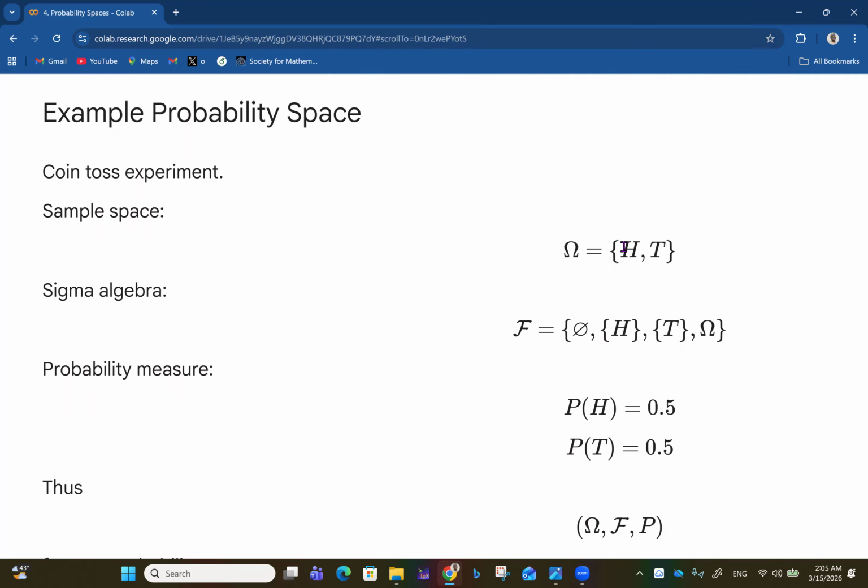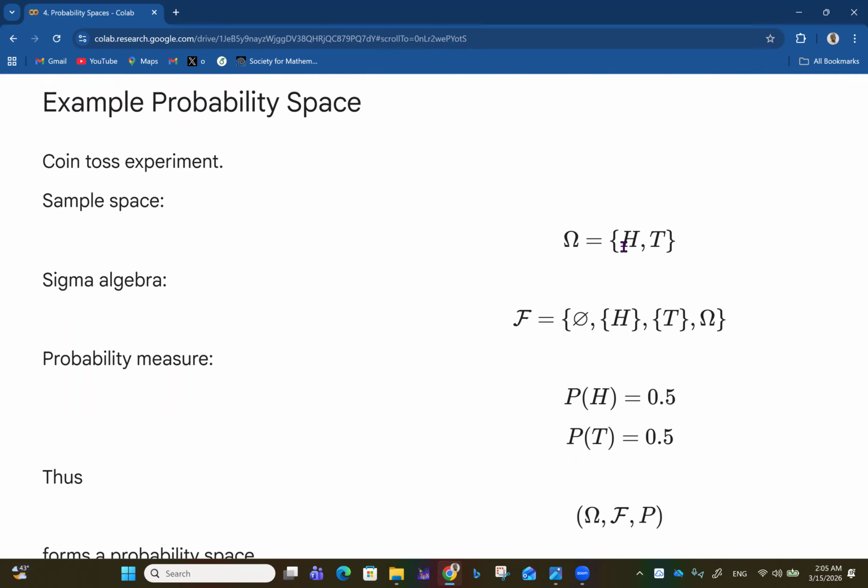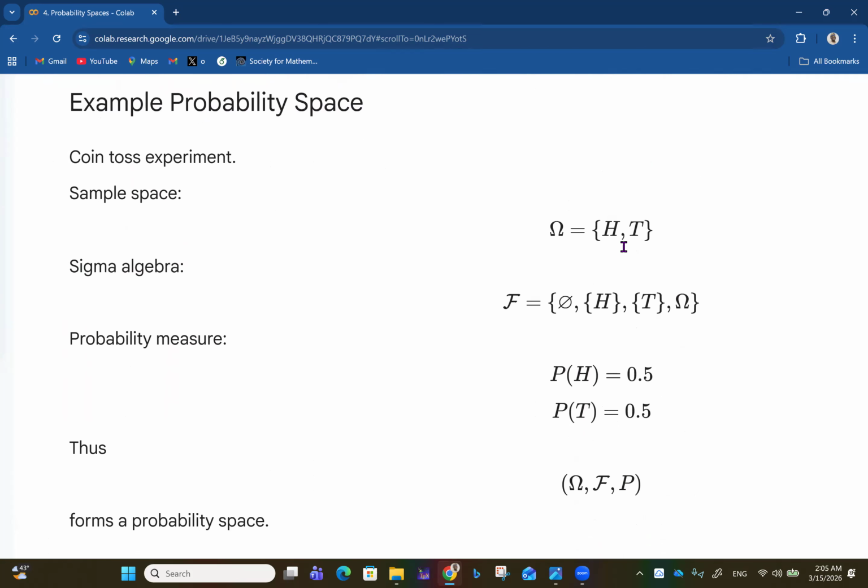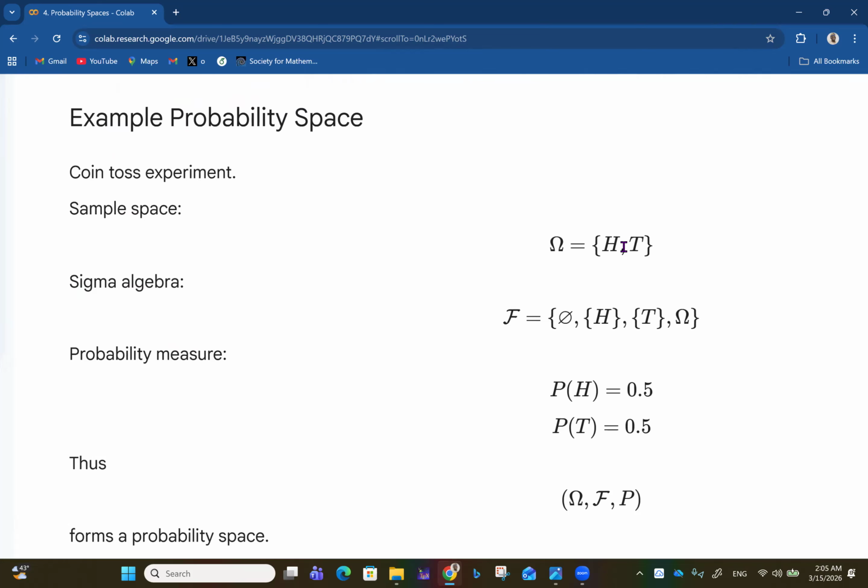Now, an example of a probability space. We already know that a probability space is a triple containing, first of all, the sample space omega, the sigma algebra, or if you like, the event space F, and of course the probability measure. So let's look at an example. You have a coin toss experiment. The sample space for a single coin is head or tail.